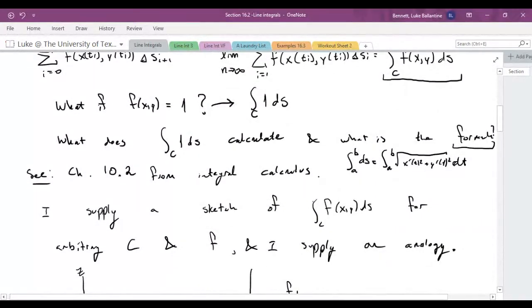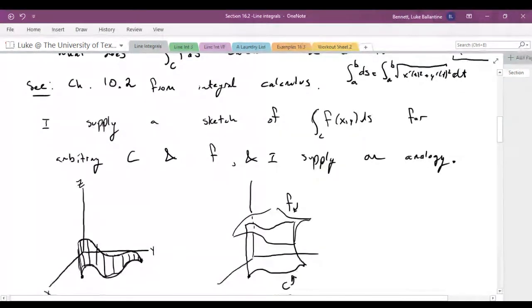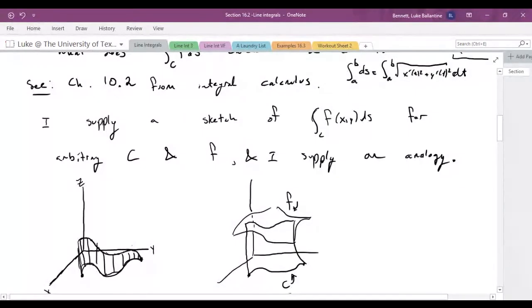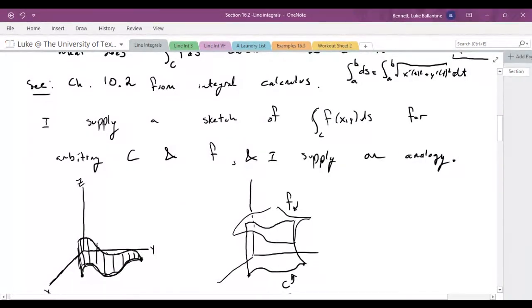So now I supply a sketch of what this looks like. This line integral of a scalar function for an arbitrary curve and function, and an analogy of what we're calculating. So here we have a couple of pictures. Let me describe this in some words. This is the x-axis, we have the y-axis, we have the z-axis. This curve lies on the xy plane, and then it's going up to the function.